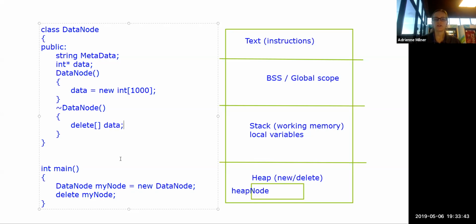Okay, so point is, for every new, you need a corresponding delete, and putting it in the constructor and the destructor is a nice way of making sure those pair up if possible. Of course, if you're declaring my node on the heap, you still have to call delete for my node to get this to run.